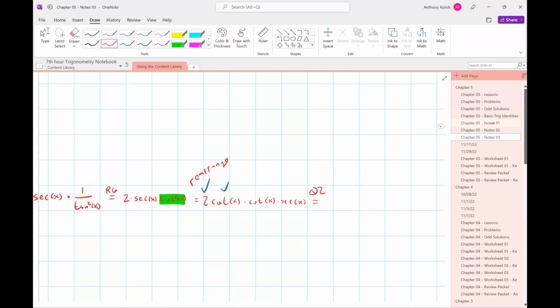I know. But all I'm really talking about is the reciprocal, the quotients, and the Pythagoreans. You don't need all of them. But if you had those 3 sets memorized, whoa! This gets so much easier. Okay, where were we?